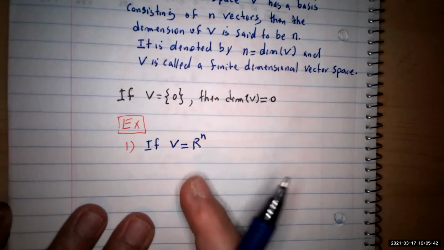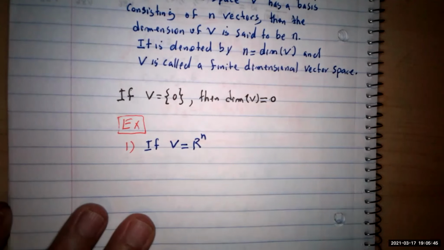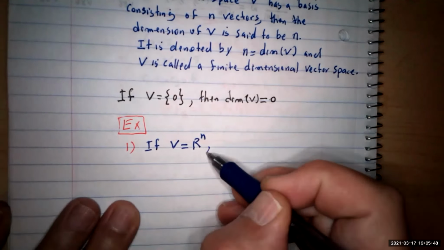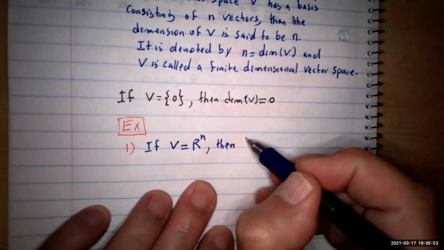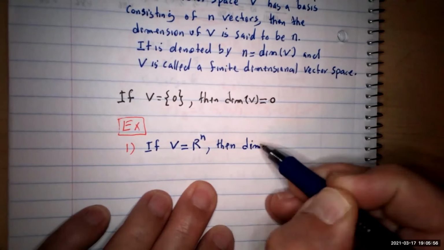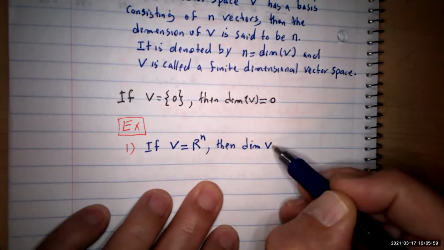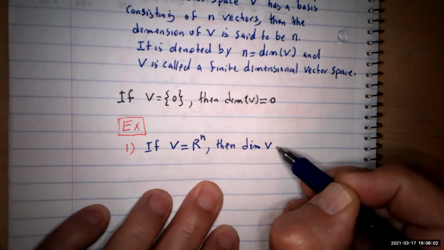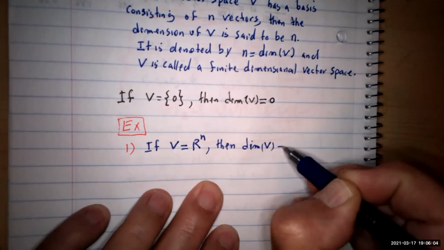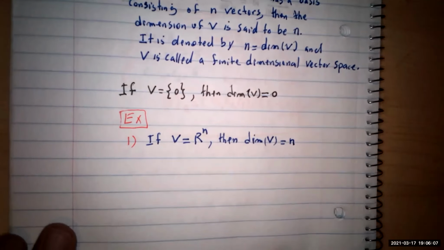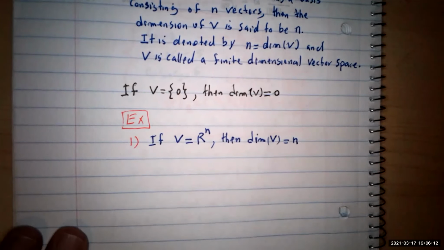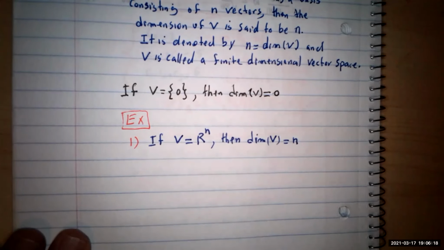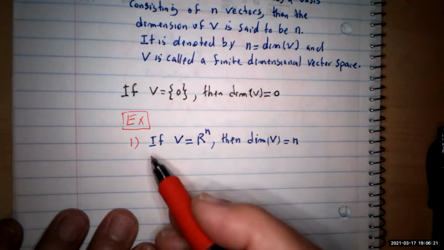We can have a basis with the standard basis, with n elements. So the dimension of V, or Rn, is going to be equal to n. That is why Rn is called n-dimensional Euclidean space. R3 is 3, R2 is 2. That's case 1, you can use it anytime you like.